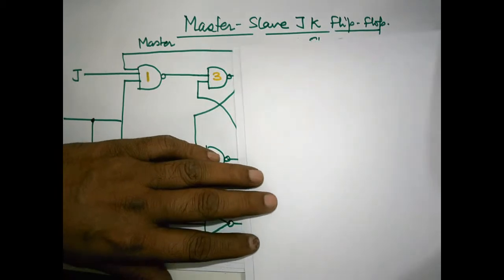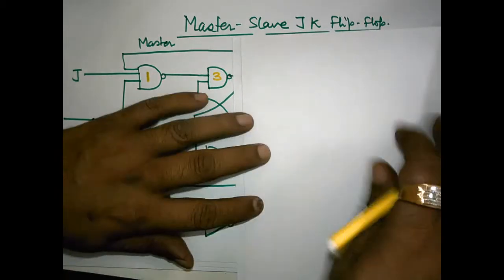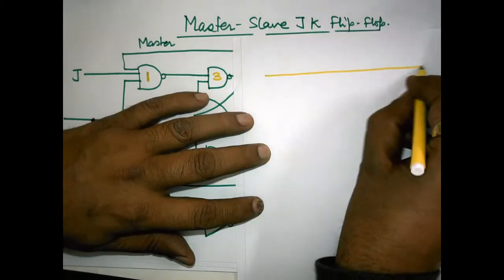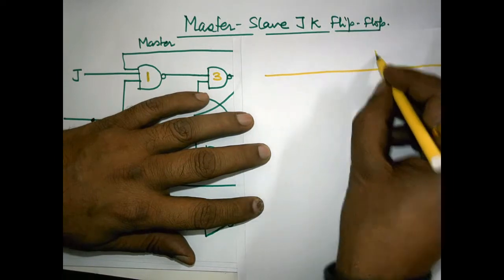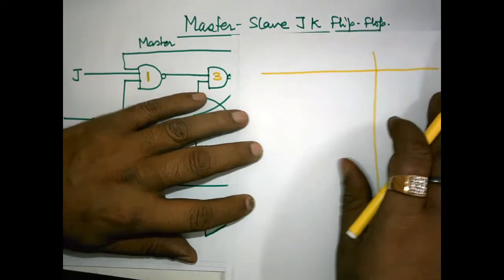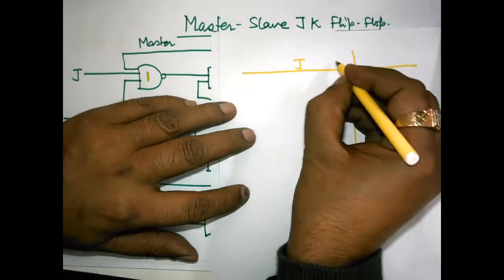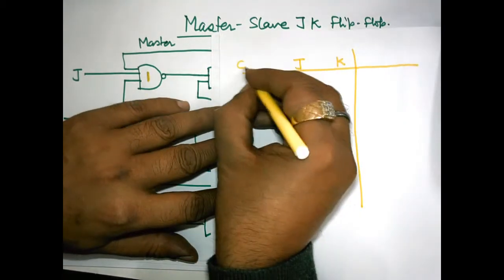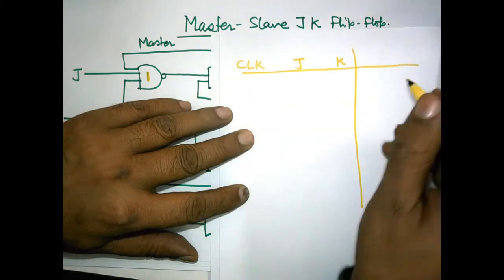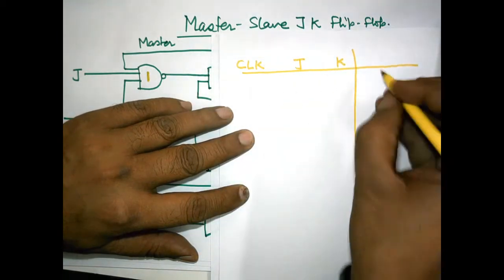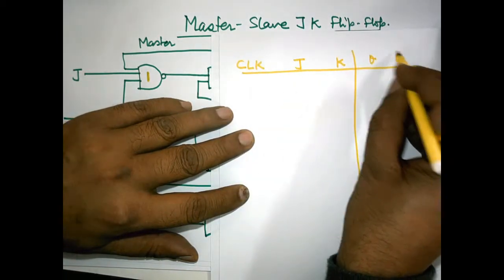So better to make it on separate sheet. We have basically two inputs J K and one control input clock and normal and complemented output.